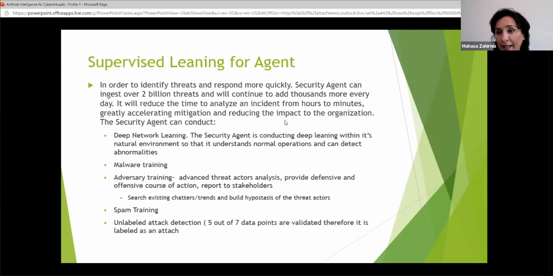This is a proactive agent that's out there, collecting data from existing information that is available, and the threat analysis can be created instantly by this agent. We do the spam training and the unlabeled attack detection hand in hand with adversary training as we're learning, doing those learning curves with current existing information that's available to the agent.